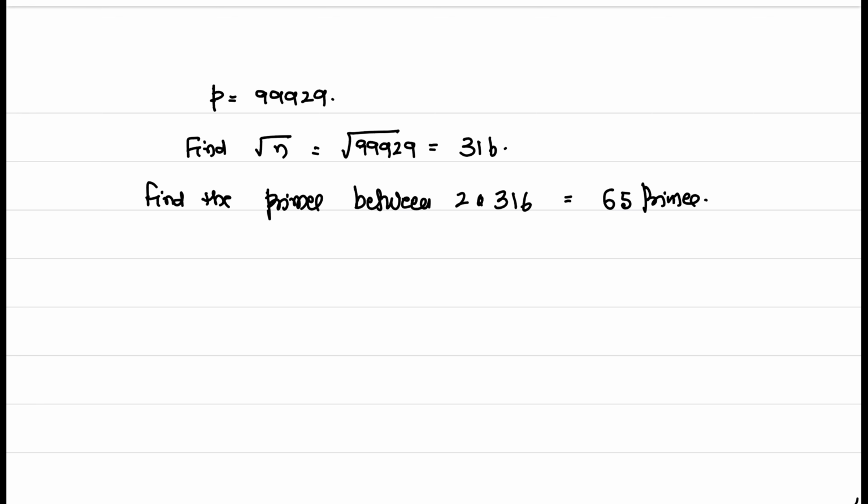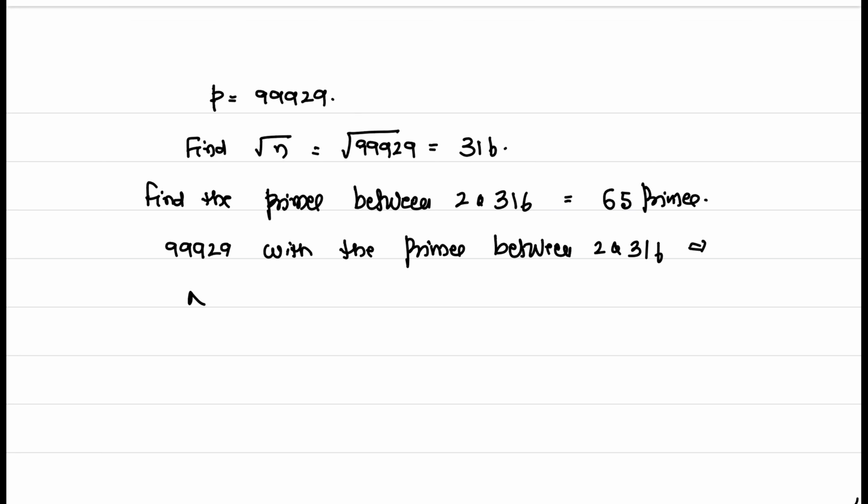and try to divide this number 99929 by the primes between 2 and 316. That implies no prime between 2 and 316 is a factor of 99929.